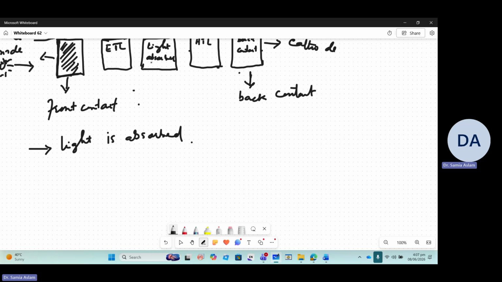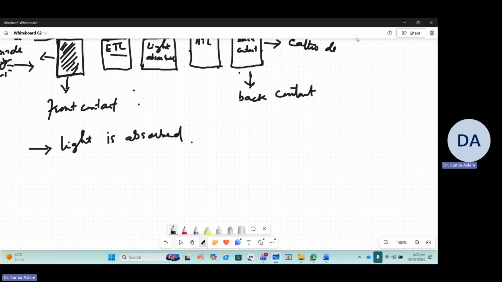This is the material which responds to the light because it absorbs photons. Neither the ETL nor the glass absorbs photons. Rather, the light absorber material is designed with a band gap such that it absorbs some photons from the sunlight.